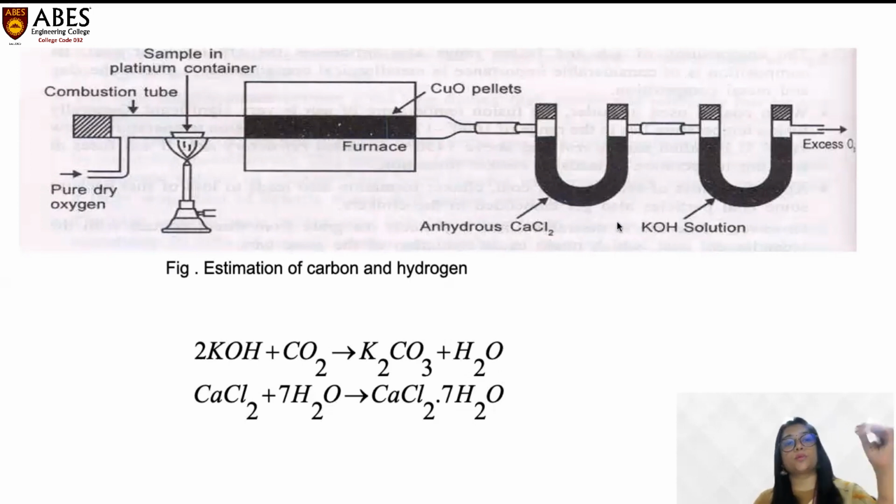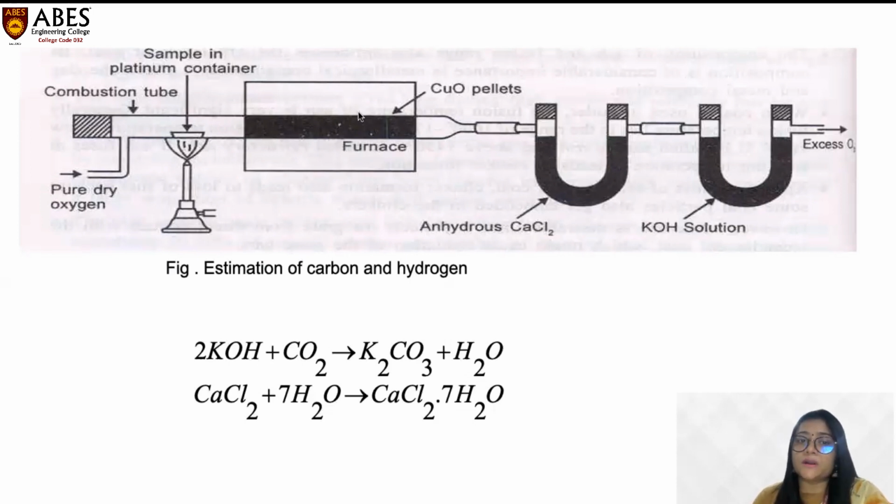Now, we have maintained this assembly. Before starting the process, we will take the weight of the calcium chloride tube and the KOH tube. Suppose they are X1 and Y1. After taking the weight, we put our coal sample here and start burning it while providing pure oxygen supply so that combustion takes place.